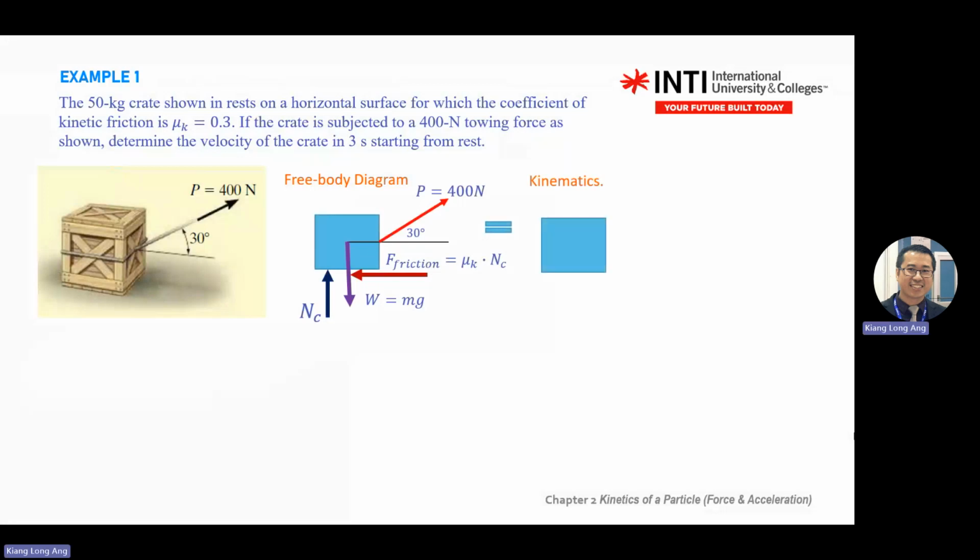Kinetics means you predict how this object moves. If you pull at 30 degrees, this object will move to the right.